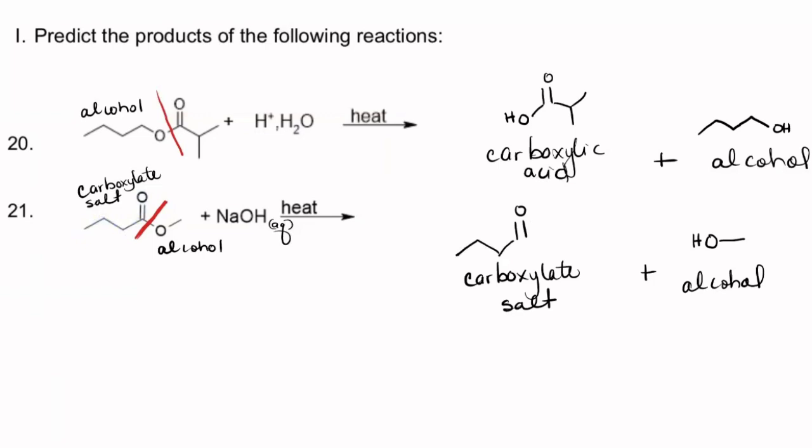And to write it as a carboxylate salt, I'm going to write a single bond to O minus. And since my base has specifically sodium, then I'm going to write sodium as a cation. And that's how you predict the product for the saponification of that ester.